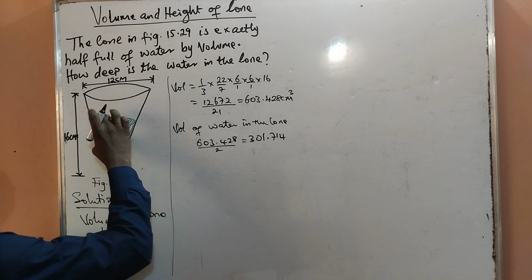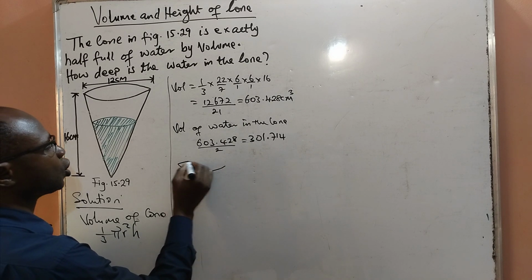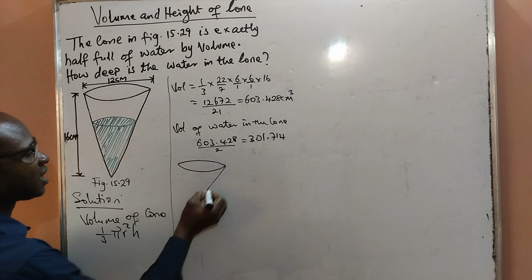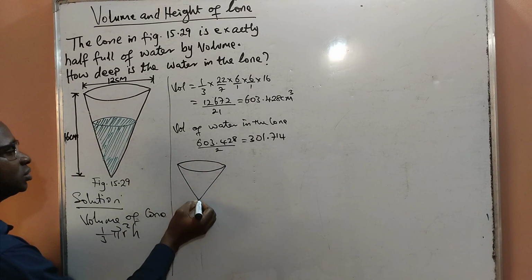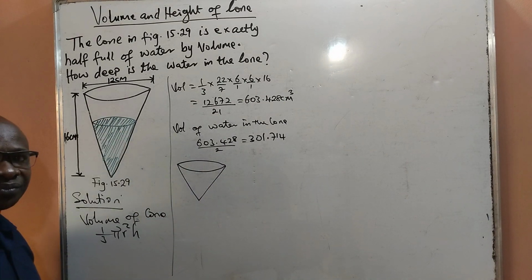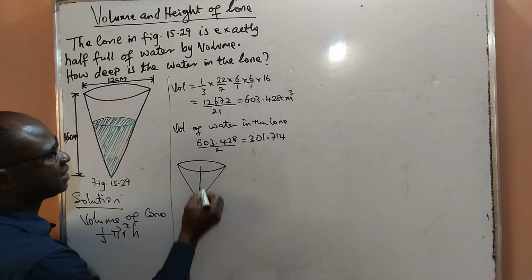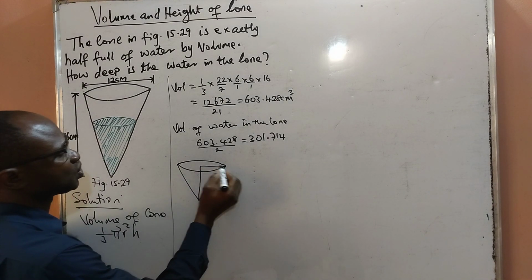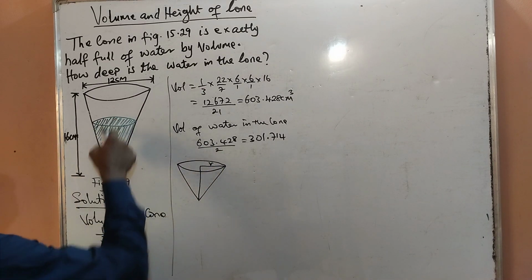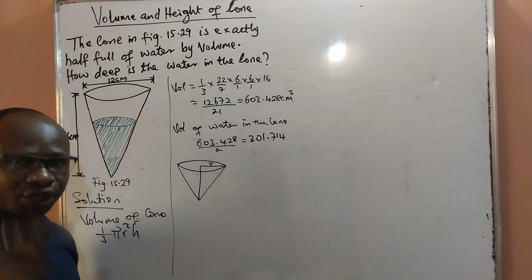Now, for the water level, I want to draw the cone that contains the water. So this is the cone that contains the water. That is the shaded part. In this cone, you can agree with me, I need the height, I need the radius. The height is what I am asked to find, because I am asked how deep is the water level in the cone.